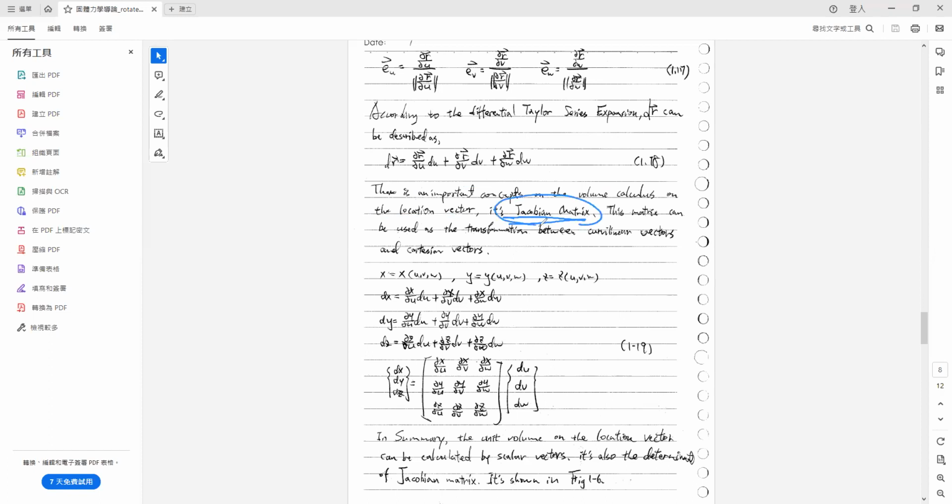The Jacobian matrix is another important tool in engineering mathematics to describe the transformation between curvilinear coordinates and Cartesian coordinates. We just talked about it in part 2. x equals a function of u, v, w. y equals a function of u, v, w. z also equals a function of u, v, w. Then using the Leibniz rule, we can get all of these equations, and when we make them in matrix form, we get the Jacobian matrix.